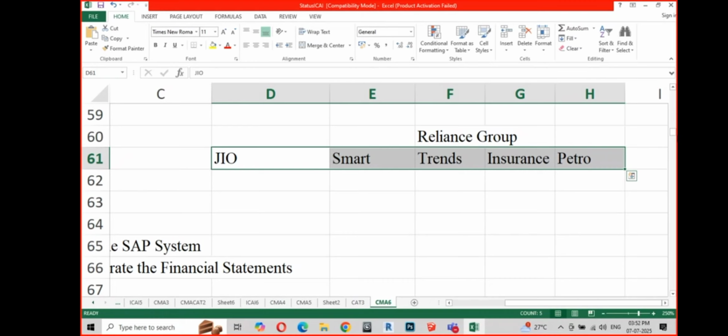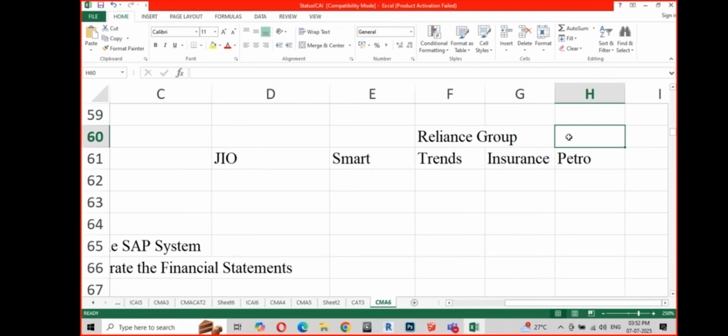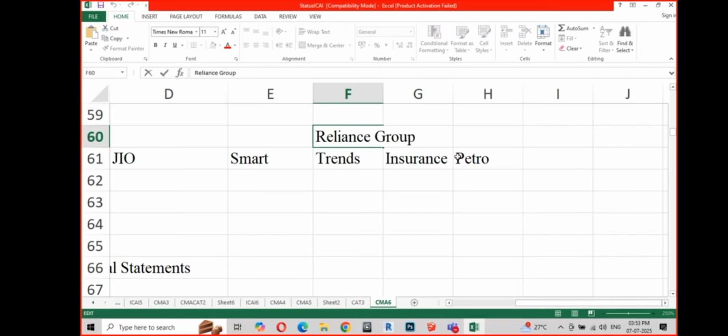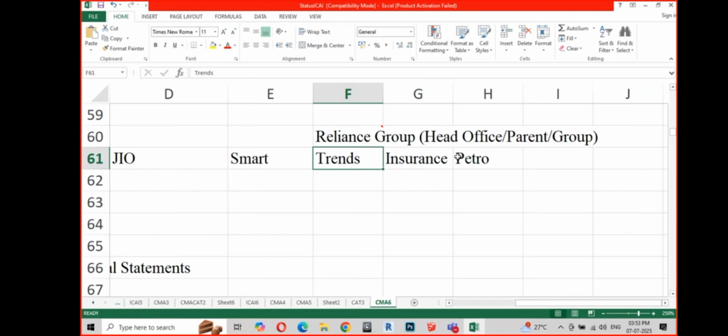This is your parent company. This is your head office. You may call it the head office, you may call it the parent company, you may call it the group company, whatever.